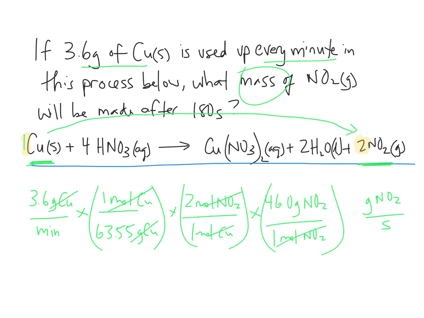We are now in grams of NO2 per minute. Okay, so let's get that into the per second value, since that's what ultimately we're aiming at here. So we have 1 minute on the top, and 60 seconds on the bottom, canceling out minutes.